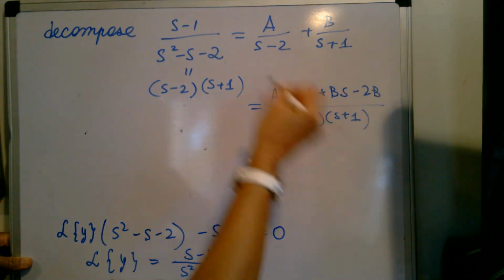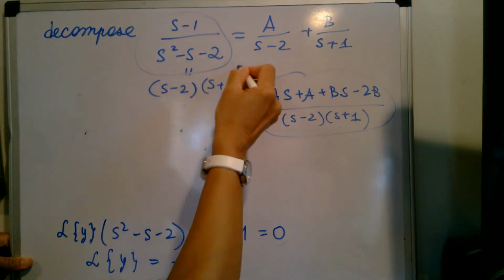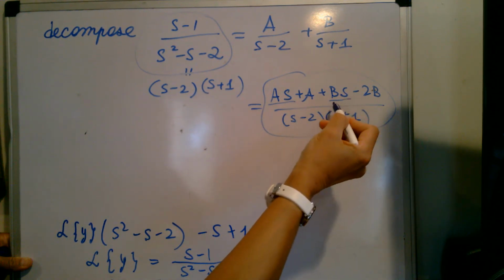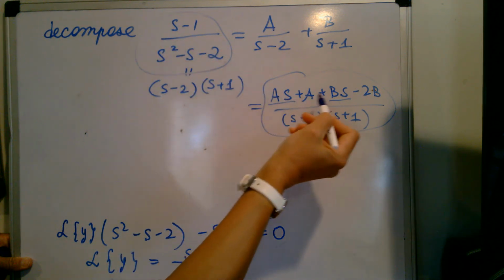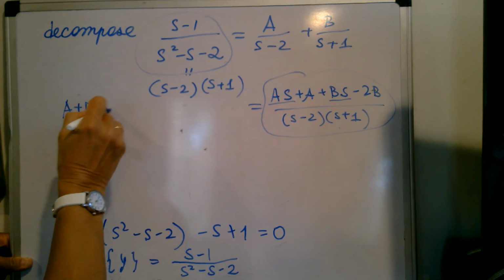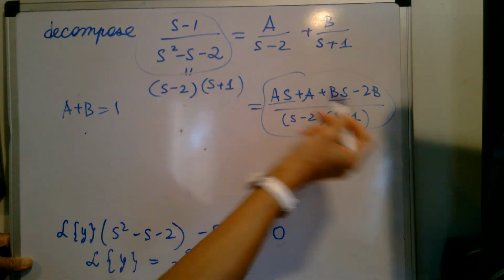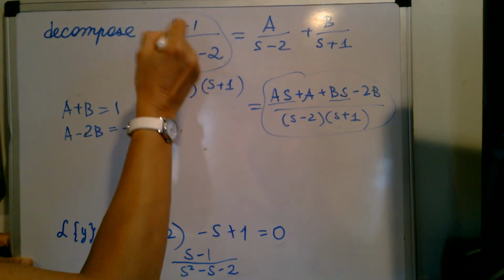I know that this fraction must be equal to this fraction. Denominators are already equal, so the numerators must be equal. Terms with s are supposed to be equal to 1, because it's 1s here and A plus B times s here. So A plus B equals 1. And then terms without s, A minus 2B, are supposed to be equal to negative 1, because it's negative 1 here.